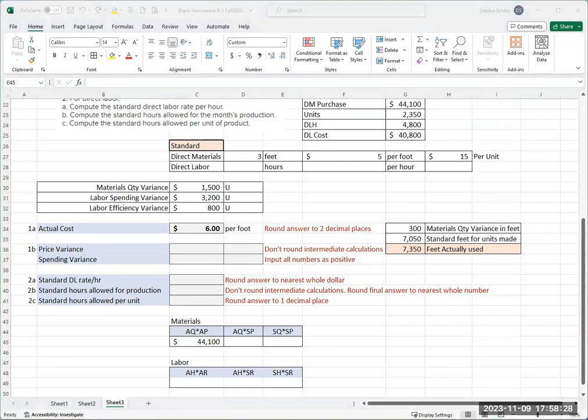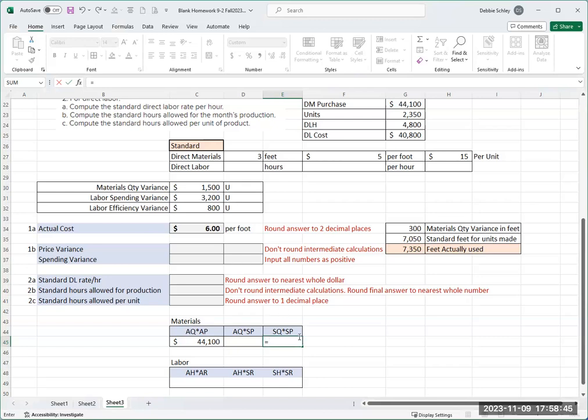Standard quantity, standard price. That one's easy to do but remember, sometimes in this first one they give it to you as a total.